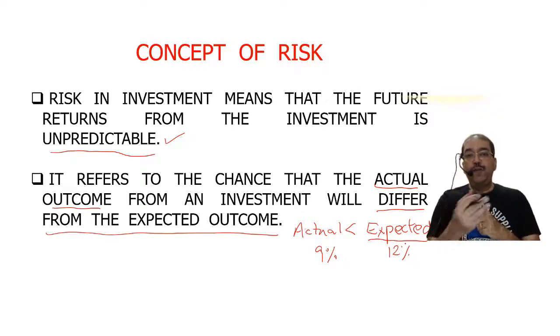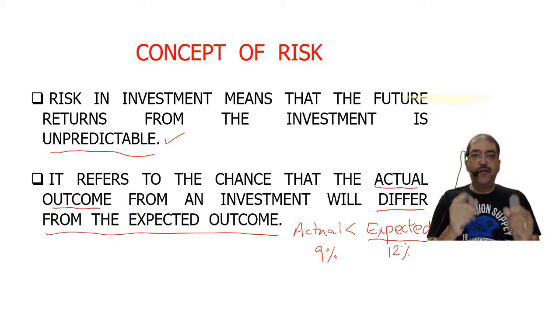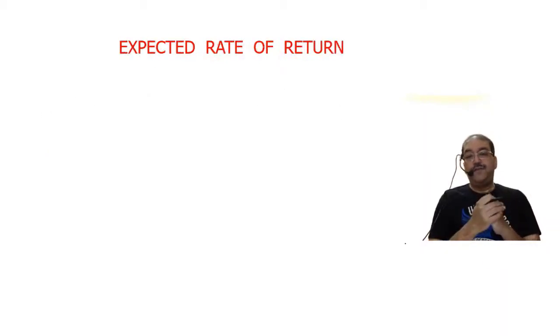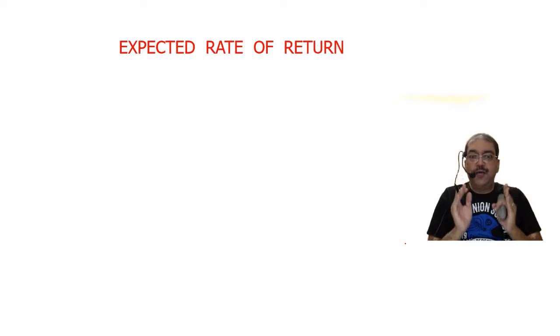How do I get this 12% expected returns? Now the next question is, how do I get this expected rate of return? I must have done some calculation in my mind.